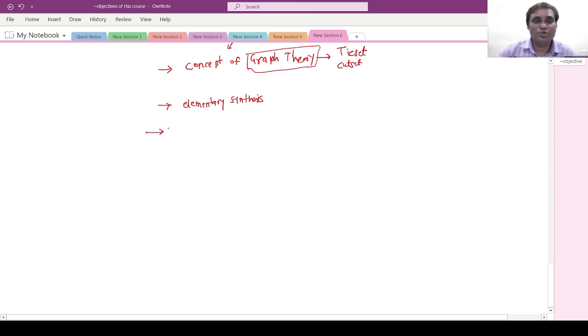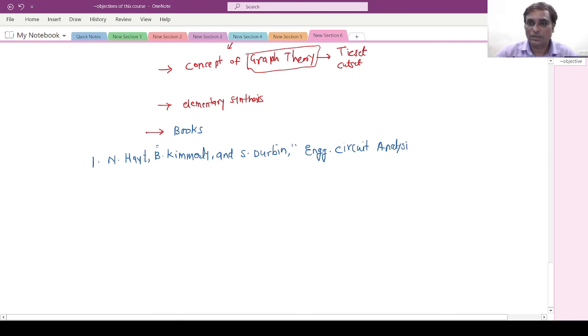And for that, the books to be referred to, according to me, are, first, Hayt, Kemmerly and Durbin. I don't remember the initials, but okay. The title of the book, I am writing in short form, is Engineering Circuit Analysis, and the publisher is Tata McGraw-Hill.